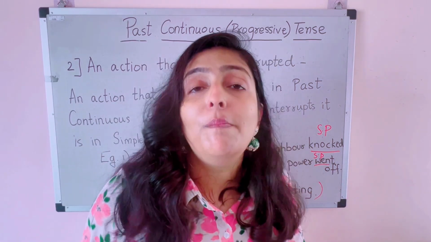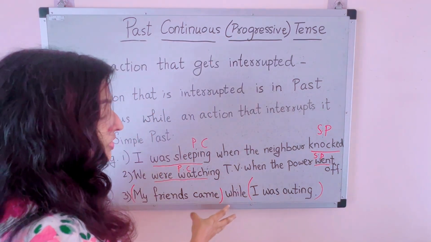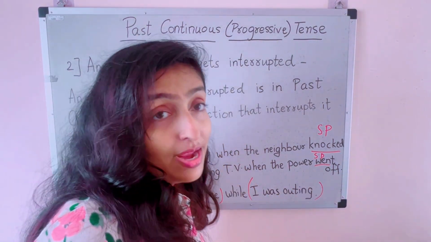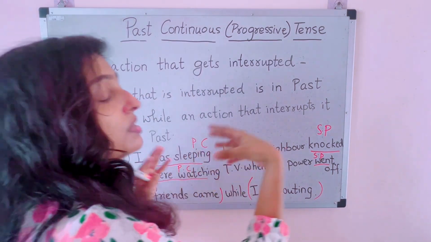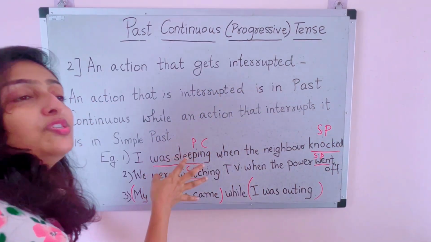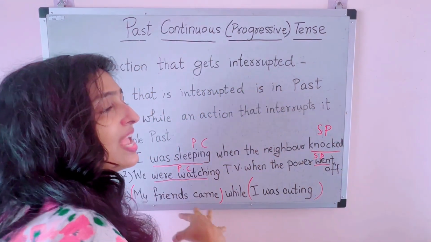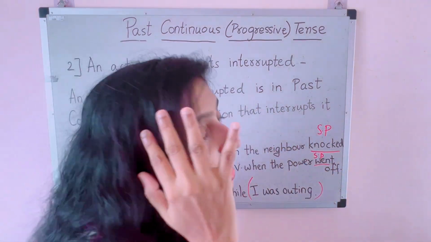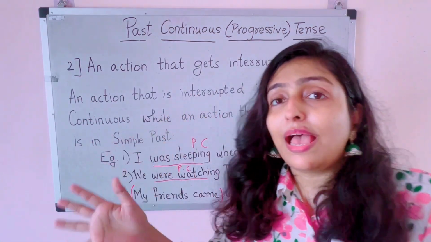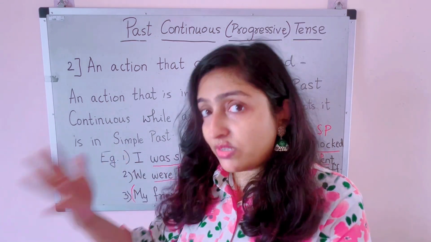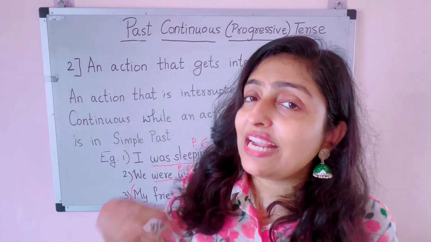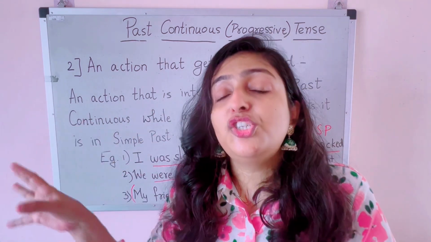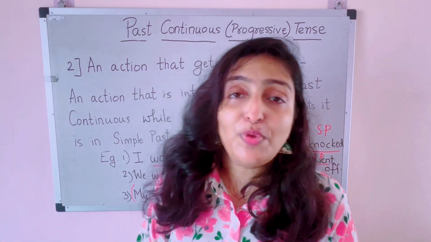My friends disturbed me. So what is creating the disturbance in the third example? My friends. So these simple past tense and past continuous tense can be placed anywhere in the sentence. So you need to understand and apply the action that causes the interruption and the action that is affected because of the interruption. I hope you understood.